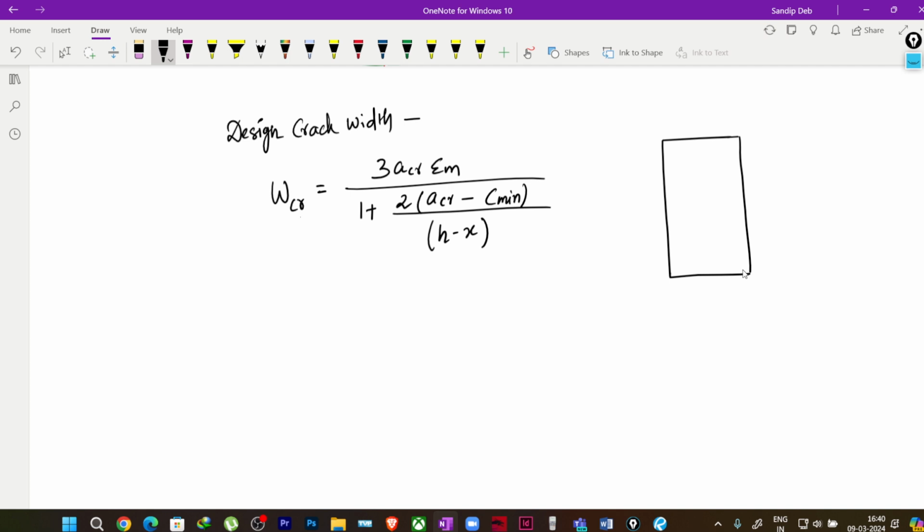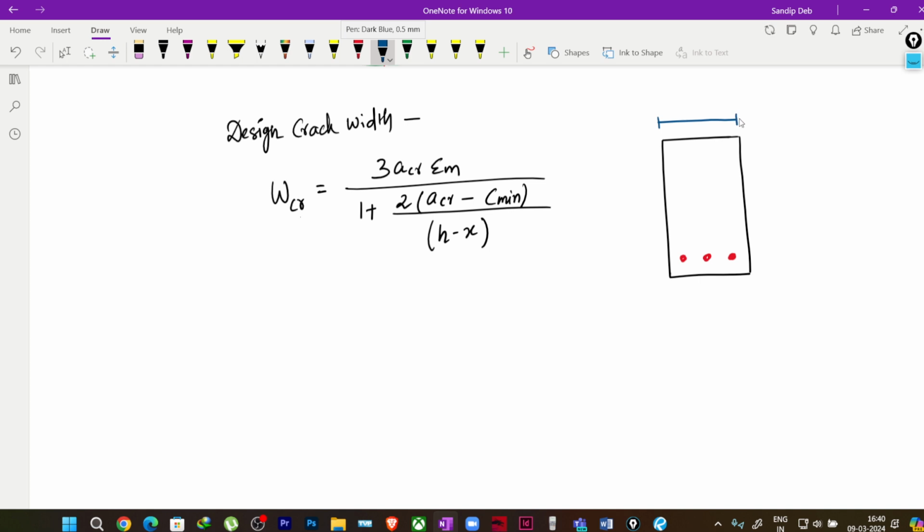Suppose this is my section, and I am providing some reinforcement here, and this is subjected to tension due to the bending. So these reinforcements will take the tension because we assume that the concrete will not take any tension. Now let us write the dimensions.